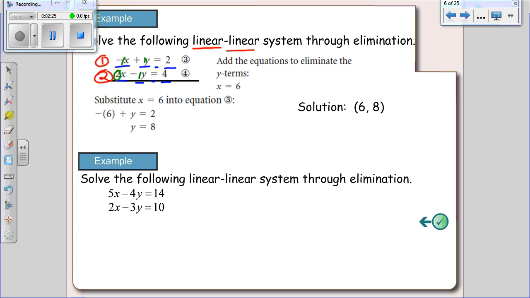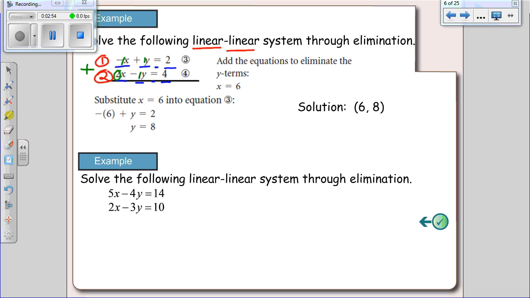At that point, if you remember from Math 10C, we decided that we had to either add or subtract these two equations together. For the variable that has the same number of things, here we're talking about y, because there's one y in the first one and a negative y in the second one, if they're opposite signs, then you're going to add the two equations to each other.